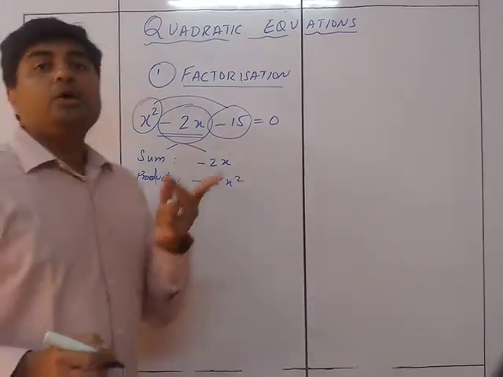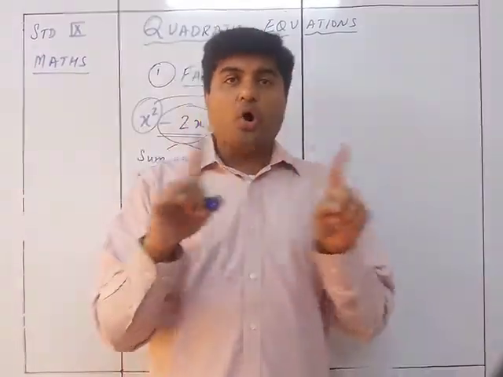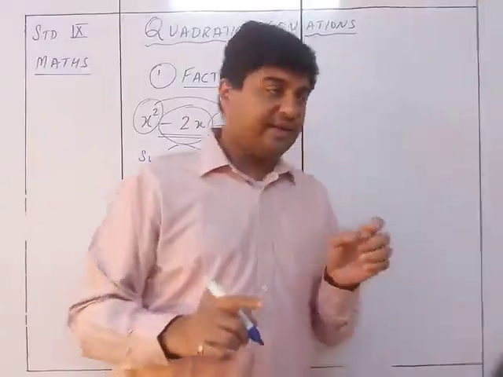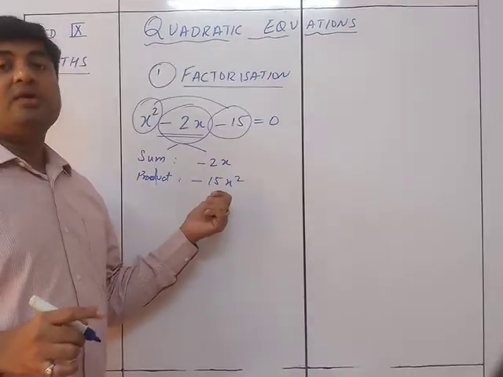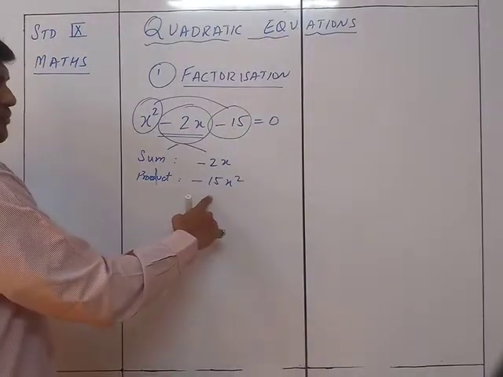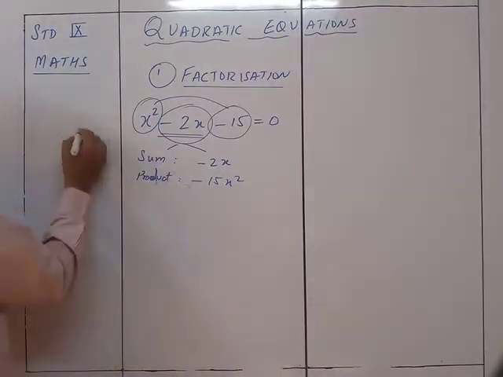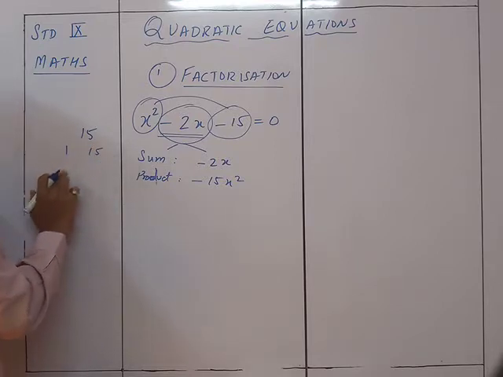So I need two such numbers whose sum is minus 2x and the product is minus 15x square. So I am going to factorize 15. When I factorize, it will be either 1 and 15 or 3 and 5.